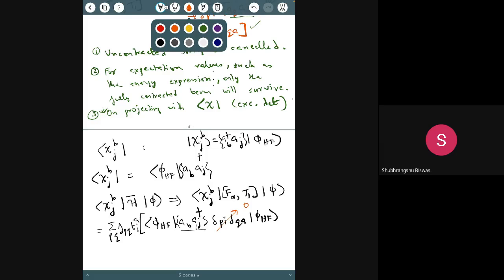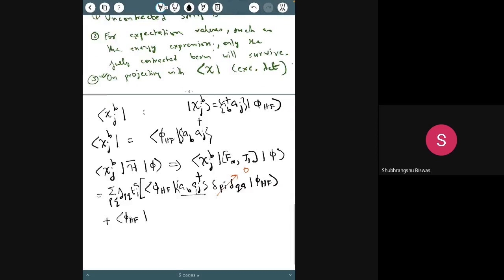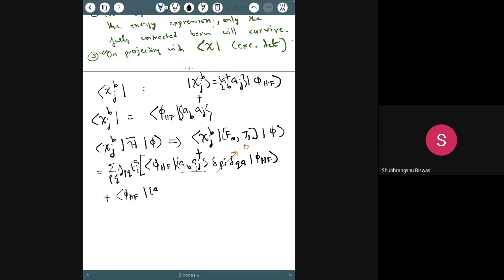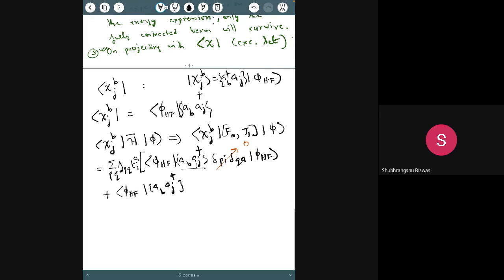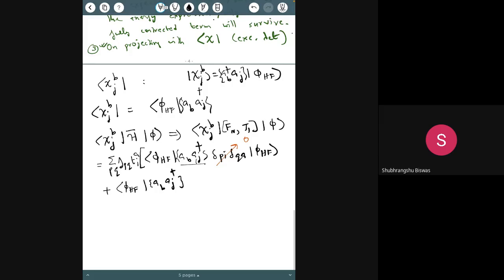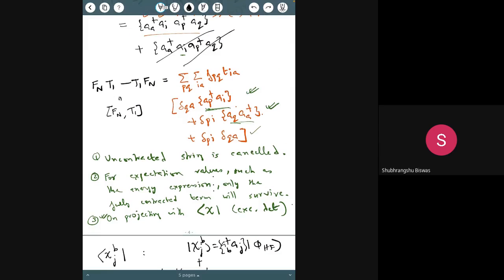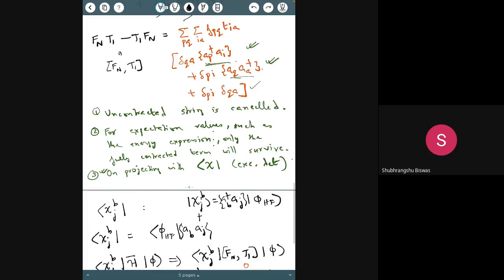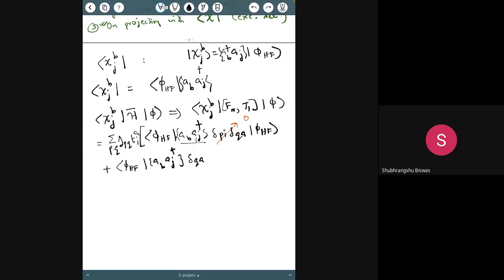So the terms which can remain are, the things are a bit long to write. If I'm pressed for time, it becomes a bit difficult. Okay, so A_B A_J dagger. Okay, so we have delta QA, A_P dagger A_I, phi Hartree-Fock.